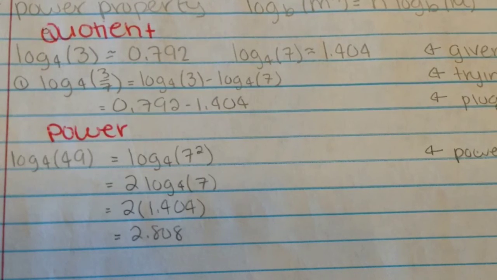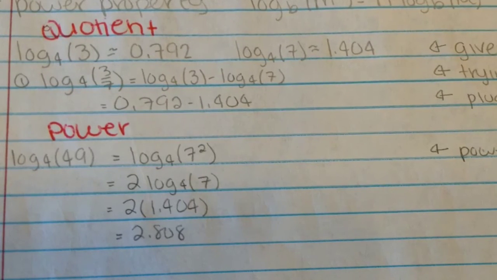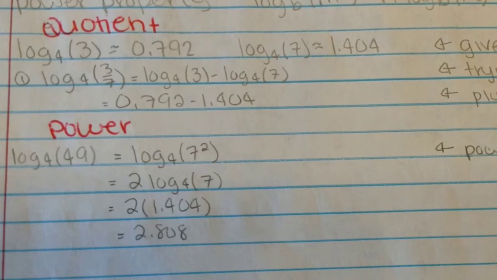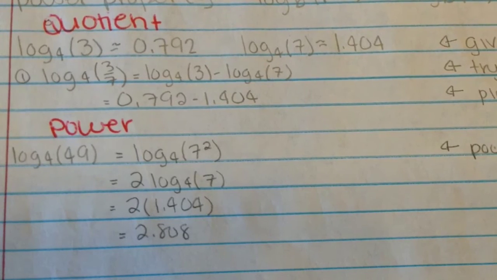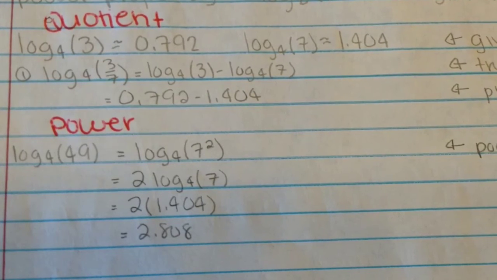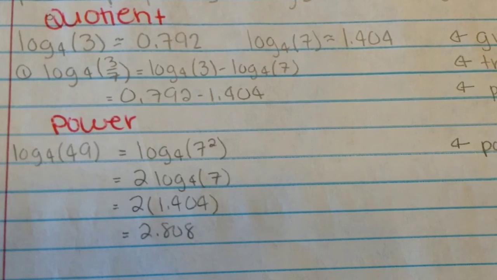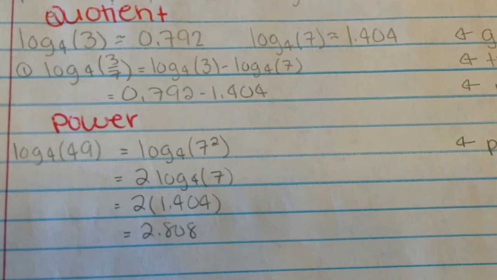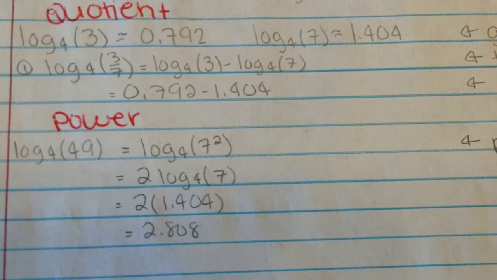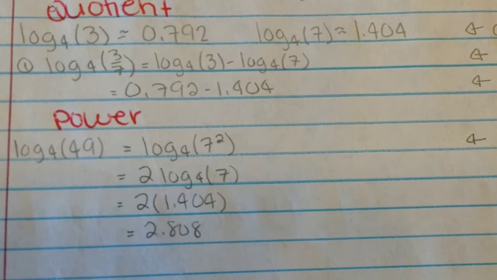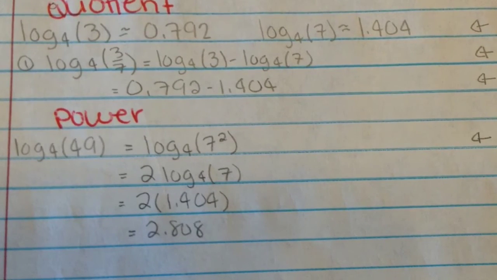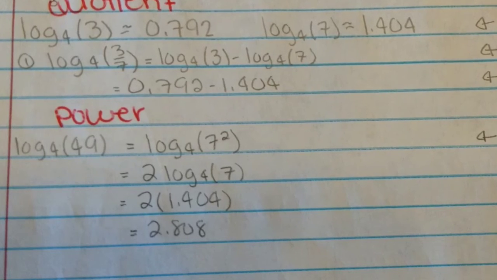Those were both given to us. And if you put it in the quotient property, that would be log 4 of 3 over 7, since it's divided. And that would equal log 4 of 3 minus log to the base of 4 of 7. And you would just plug those both in, and you would get 0.792 minus 1.404. And then you would get your answer that way.